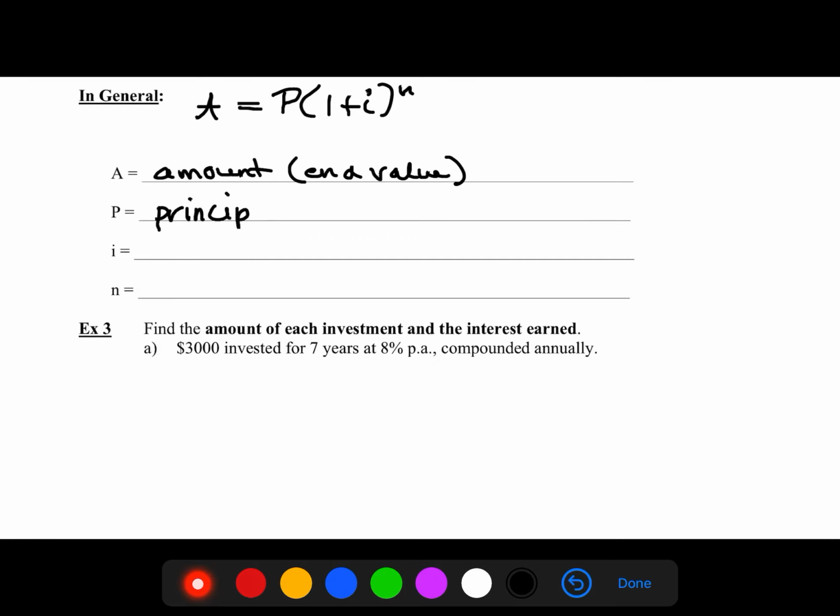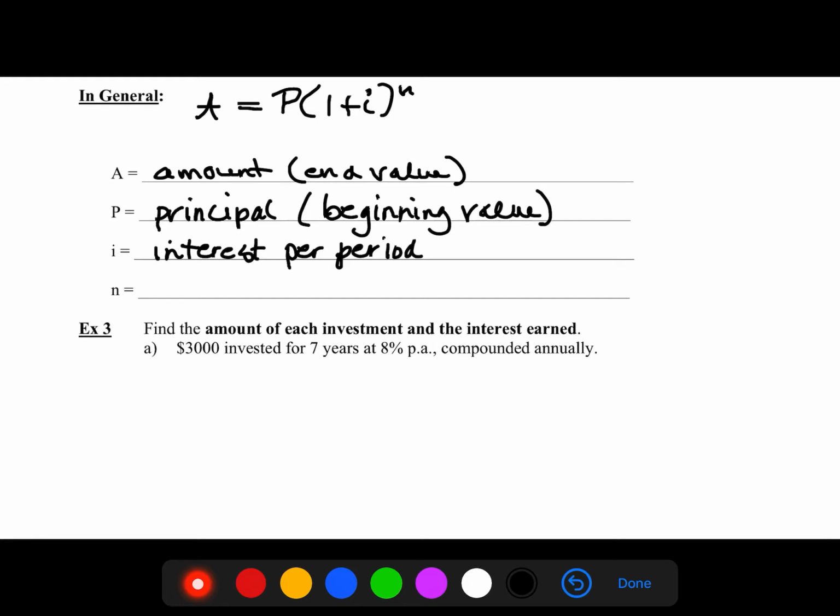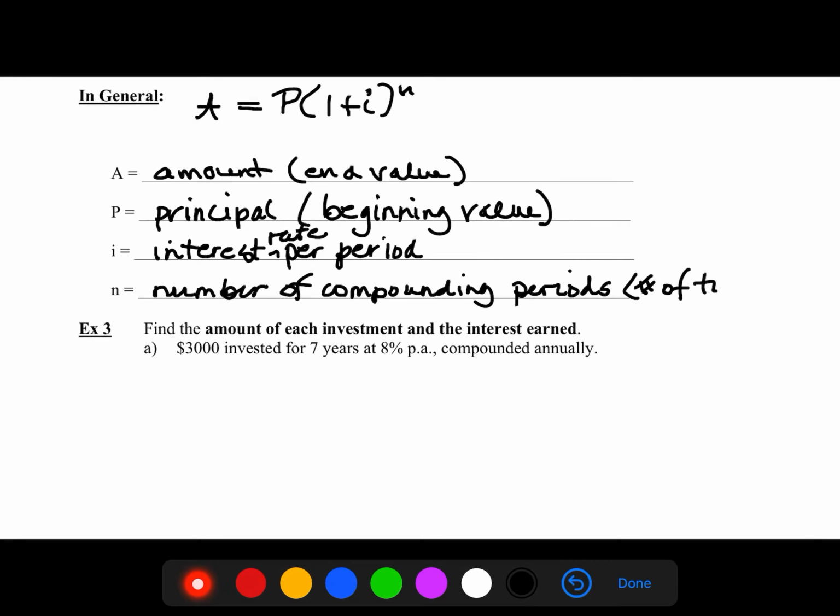And what these mean: A is amount or end value, P is our principal or beginning value, we can also call that the present value. i is our interest rate per period, and we'll take a look at what that means in a second. n is the number of compounding periods.